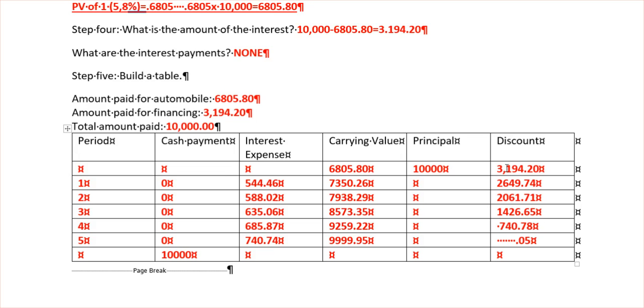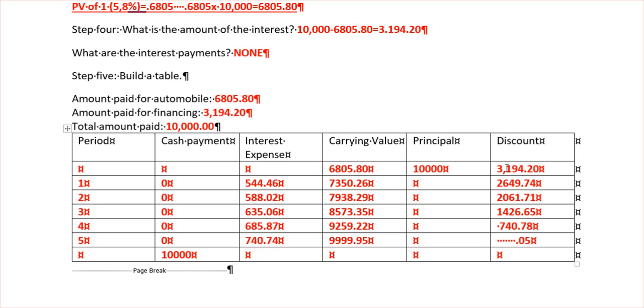Now, notice that interest expense changes. Interest expense is going up. Why? Because interest expense is carrying value at the beginning of that time period times the market rate, and carrying value changes.